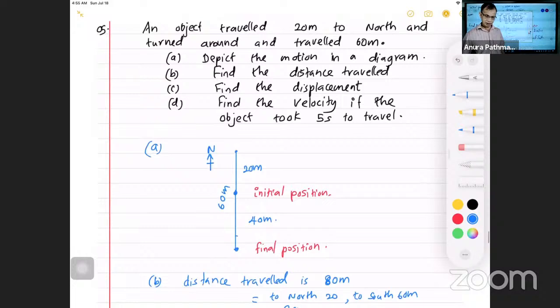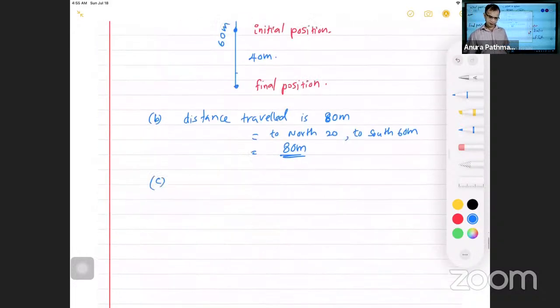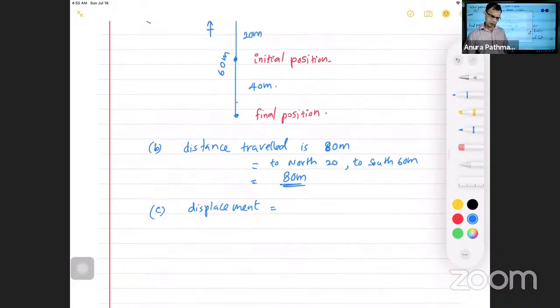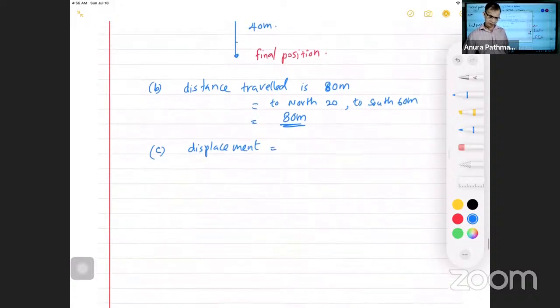Find the distance and find the displacement. So the displacement is equal. Now you want to find out particular direction and opposite direction. Displacement is negative 40 meters.